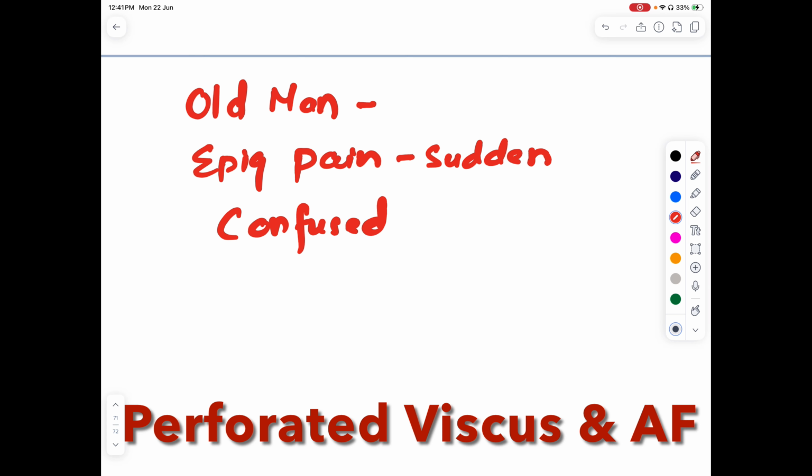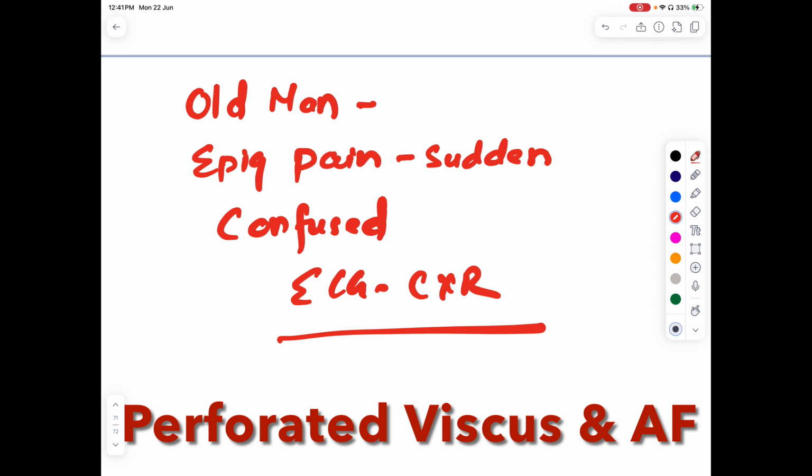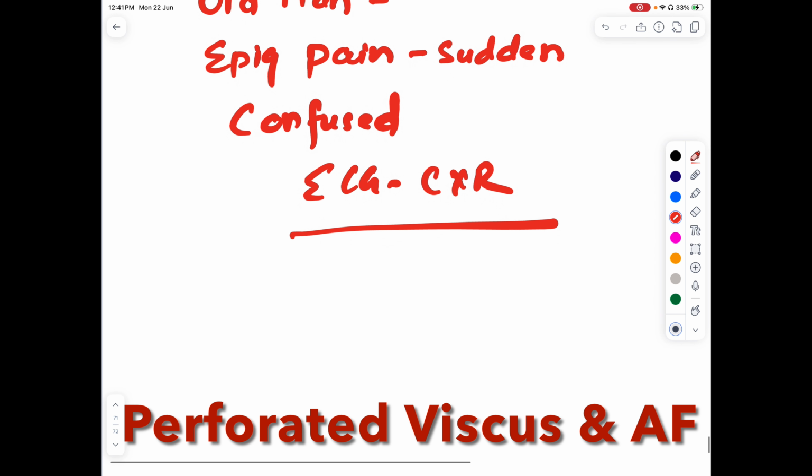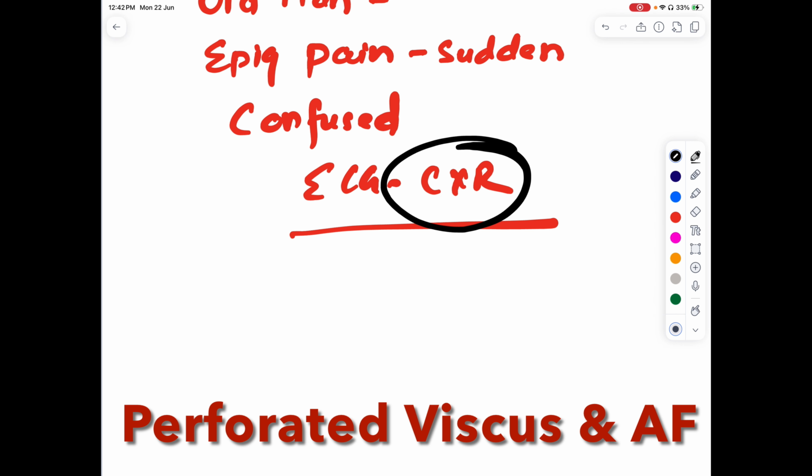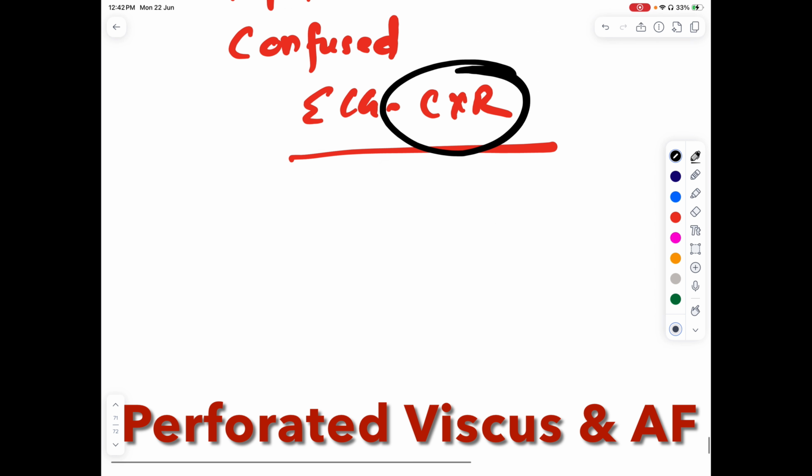Confused. So the ECG and chest X-ray are already given. You have to look at the chest X-ray and define the findings. First of all, name, age, hospital number, and date of X-ray.